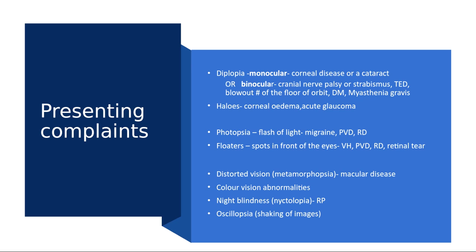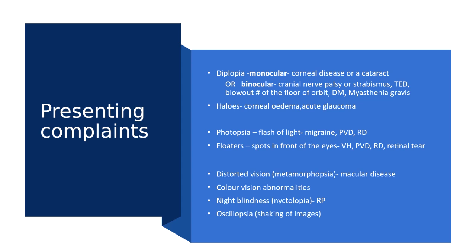And we get spots in front of the eyes in conditions like a vitreous hemorrhage, a retinal tear, retinal detachment. So when a patient comes in with flashing lights and floaters, we have to dilate the pupil because we have to examine the patient's retina. So it's very important to elicit symptoms like those. Do you have photopsia? Do you have flashing lights? Do you have floaters? Do you have spots in front of your eyes?